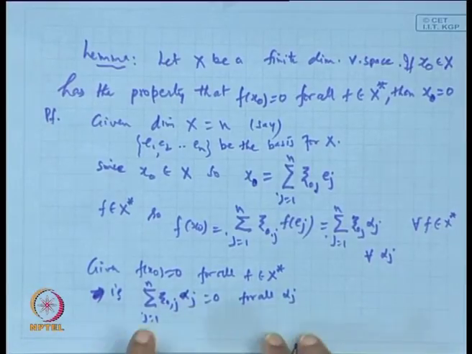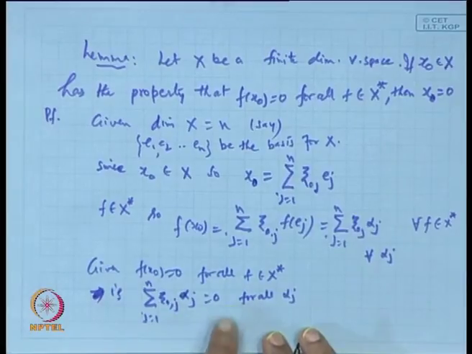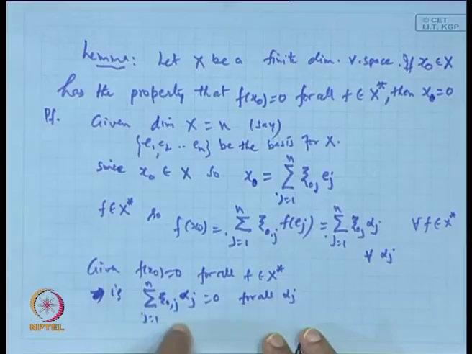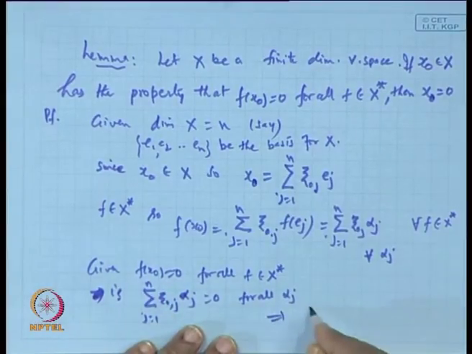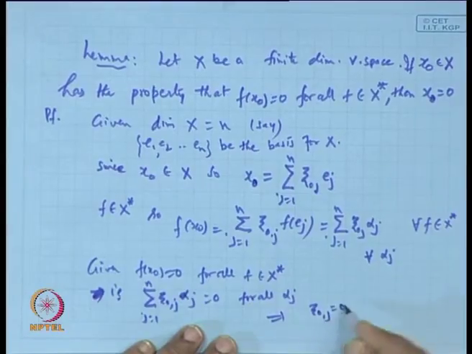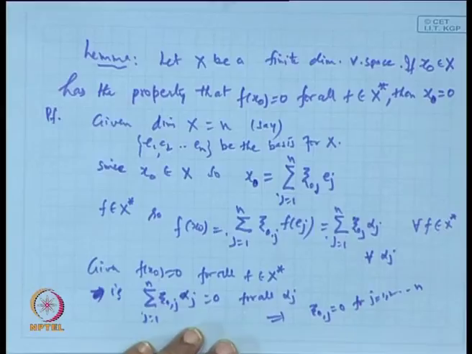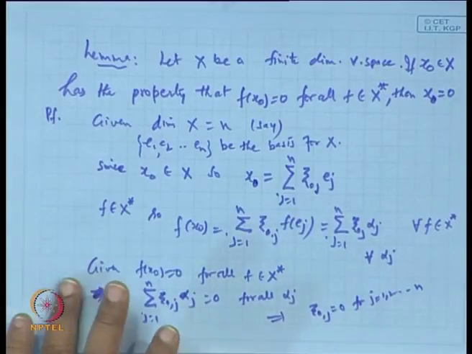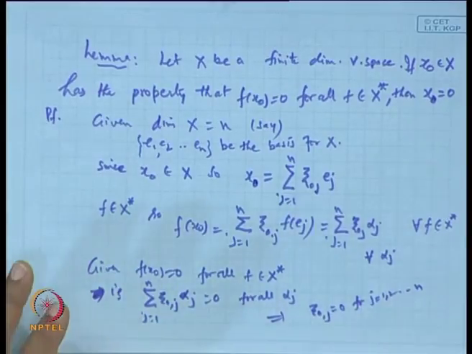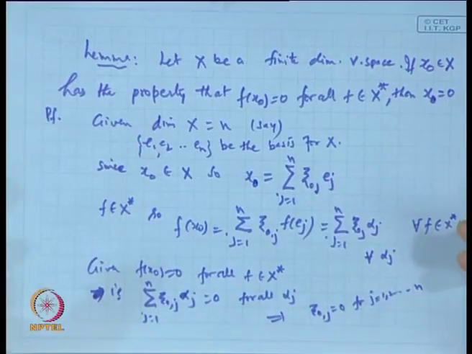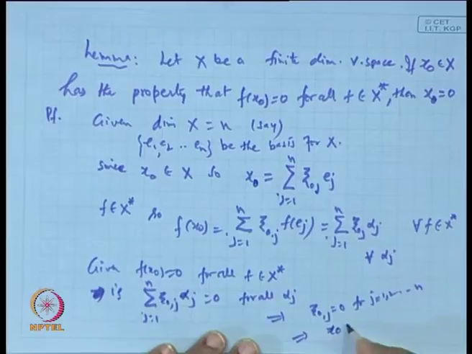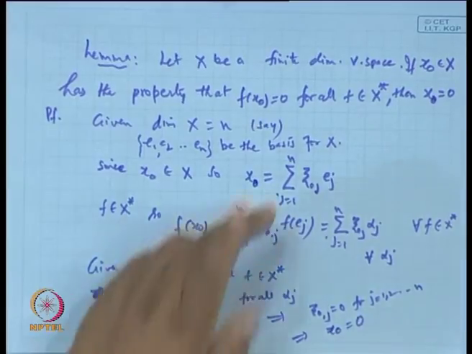So if a linear expression is 0 for any values of αj, this is only possible when ξ naught j must be 0. This combination total sum cannot be 0 for any change of α1, α2, ..., αn otherwise. So this implies our x naught will be 0, and that completes the result.